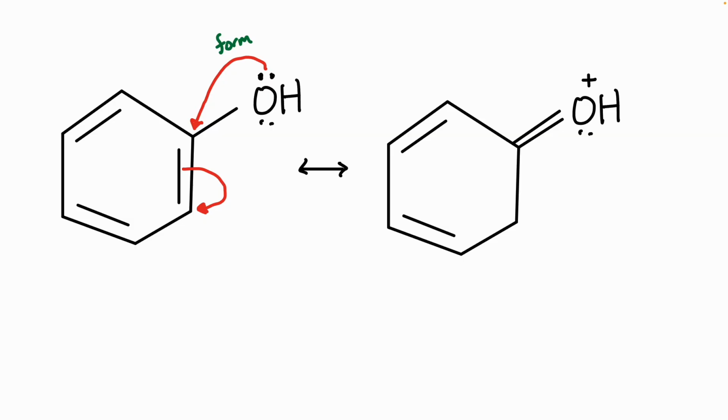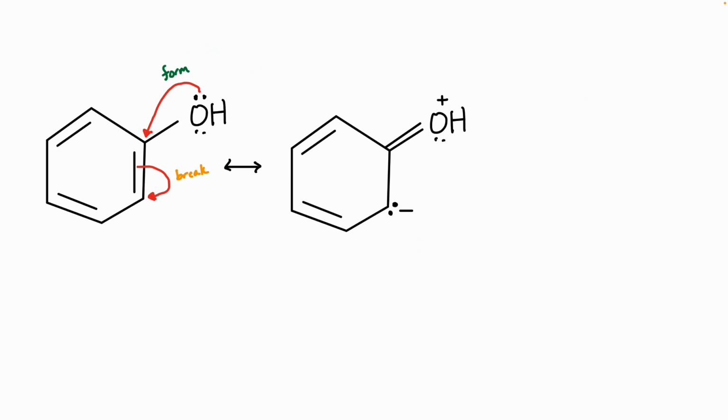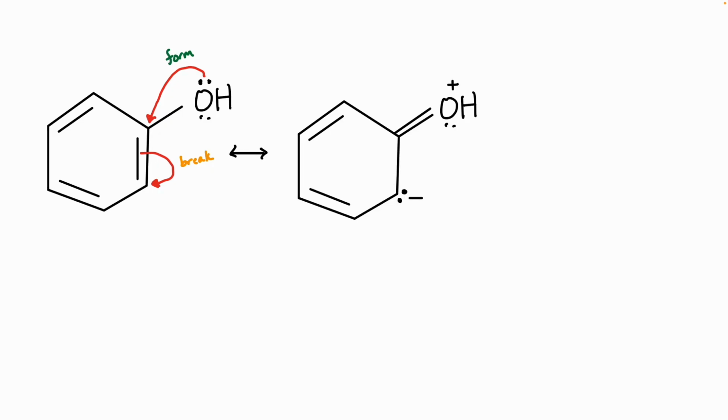So this would be a breaking arrow, meaning that pi bond is going to become a lone pair on my carbon. So this is one of our resonance contributors of phenol here. And we can keep going. That pair of electrons we're going to see gets passed around this entire ring.